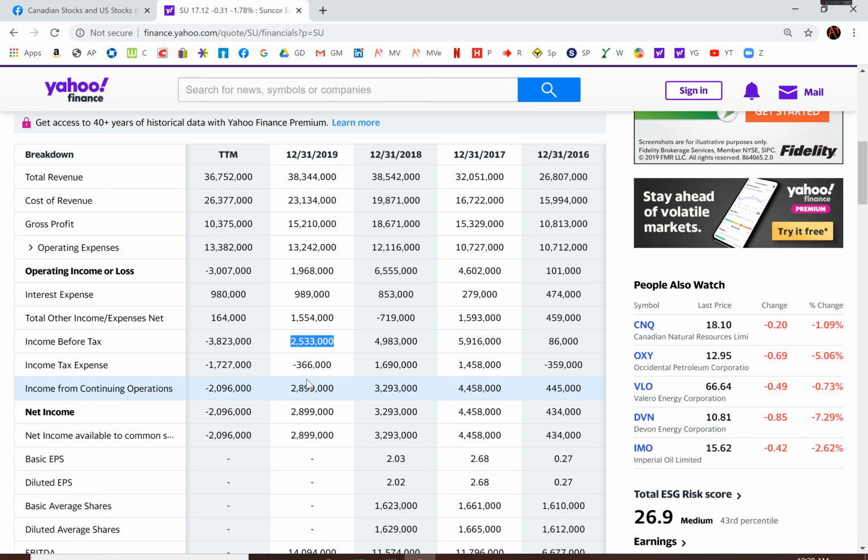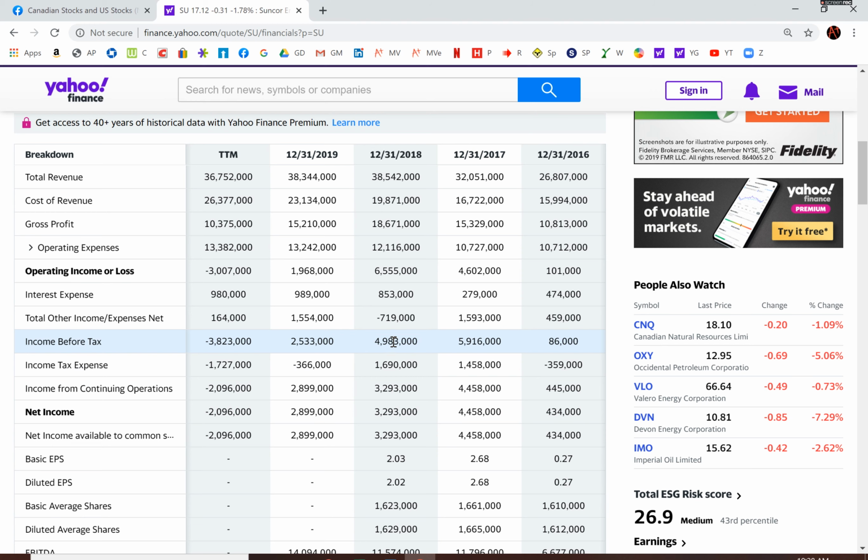So they actually got a refund of $366 million instead of paying, even though they made $2.5 billion. Because the income statement looks at prior years also, which makes it really difficult, because there might have been a loss in a prior year, or an expense they're putting through this year that happened in the past. So that's why it can be a little challenging.